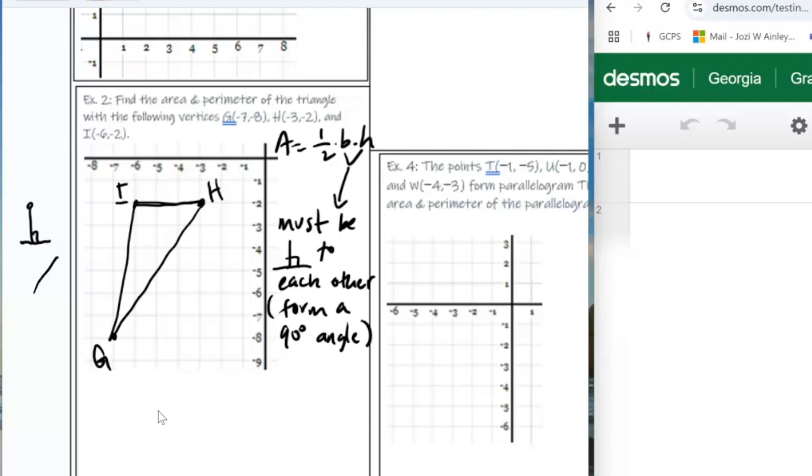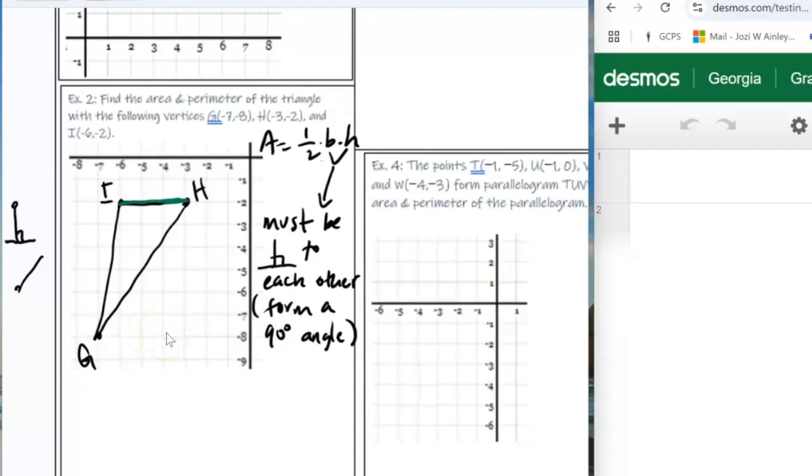You don't lean like that. So make sure you're going perpendicular to the base. If this is the base, then the height has to make 90 degrees, so it's not following that slanted line. You stop when you get to the top of the triangle, which is right here. This is the height.